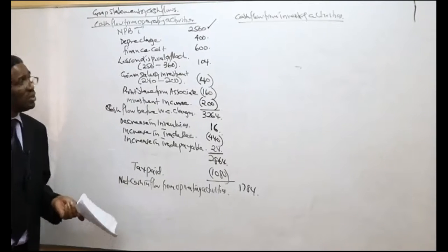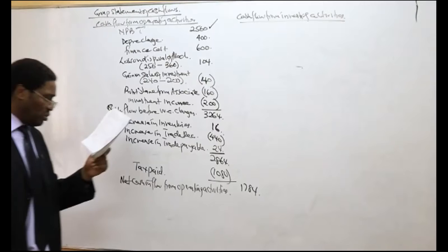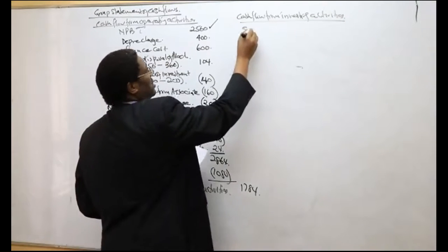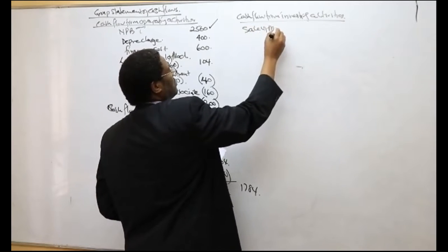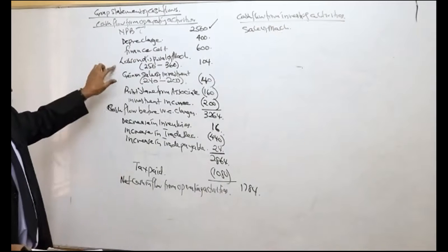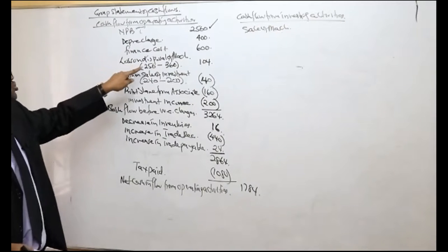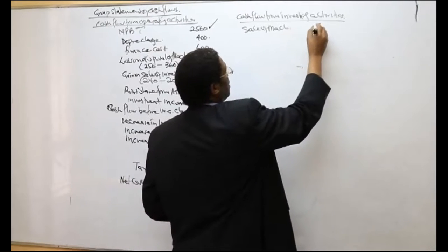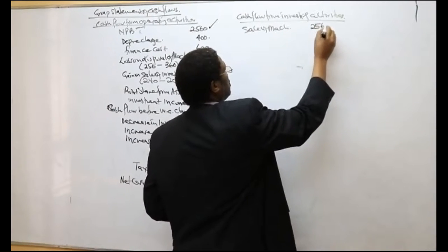There was some, of course, from note number 1, you remember we sold an equipment, we sold a machinery. So we come and see a sale of machinery. You remember, when we computed the gain on sale of machinery, we sold the machinery for 256 million. That is an inflow, 256 million.